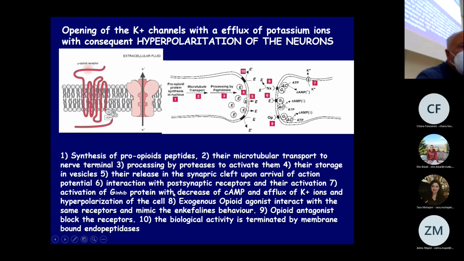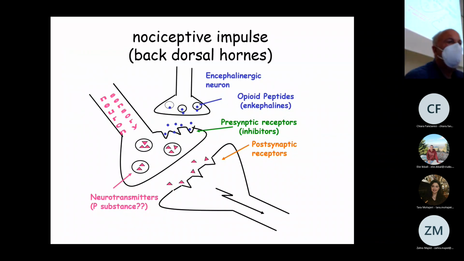So what happens during the pain transmission? Here you see my personal drawing. You see the sensory neuron here. Postsynaptic, the pain information goes in this direction.